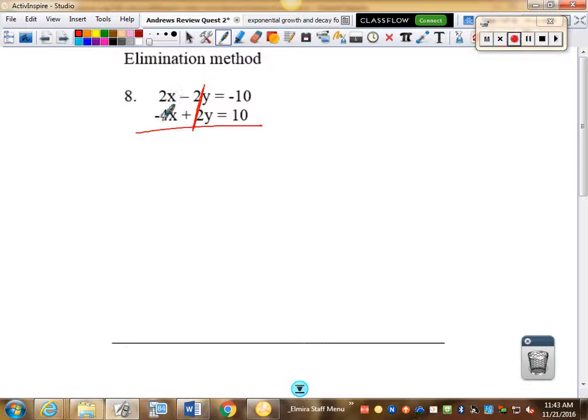So 2x minus 4x is negative 2x equals, now this is kind of an unusual situation. I've got negative 10 plus 10, and that makes a 0. It could cross out just like we do with the 2y's, but if we crossed it out and didn't write anything here, we wouldn't have any numbers to finish the equation with. So divide both sides by negative 2, and x equals 0.